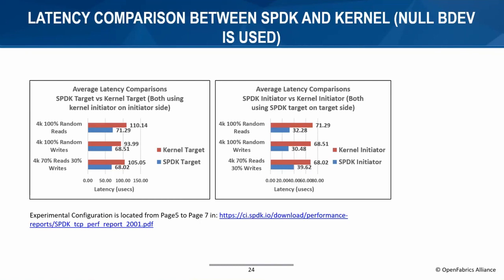And on the right diagram, we can see that if we use the SPDK target on the target side, and we use the SPDK initiator or kernel initiator, if we use the SPDK initiator, we can still improve the latency by at least 30%. So next page.